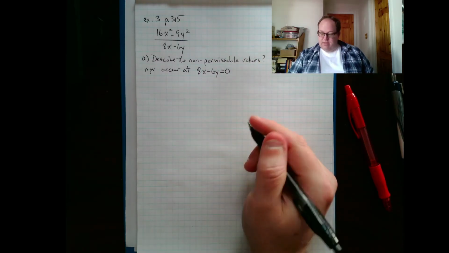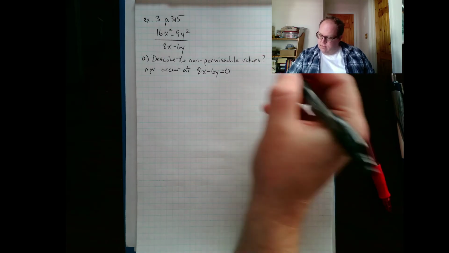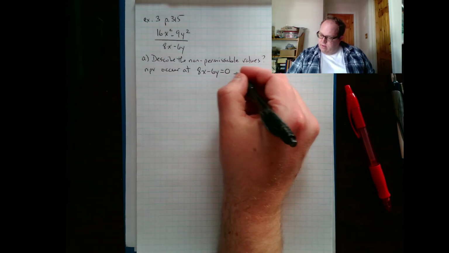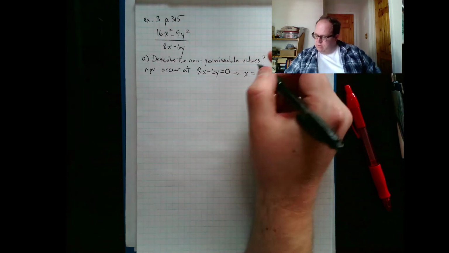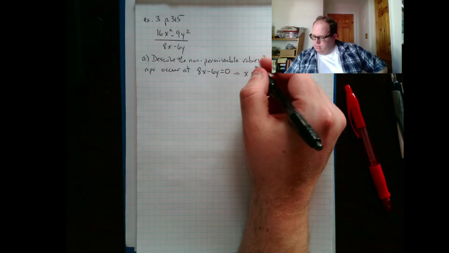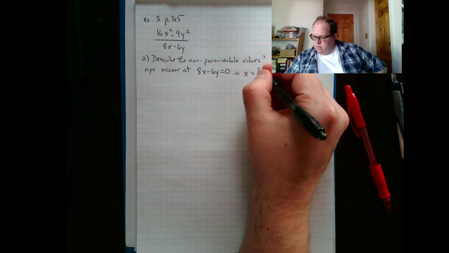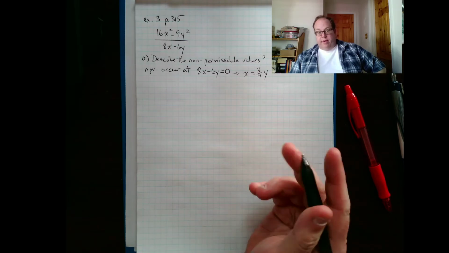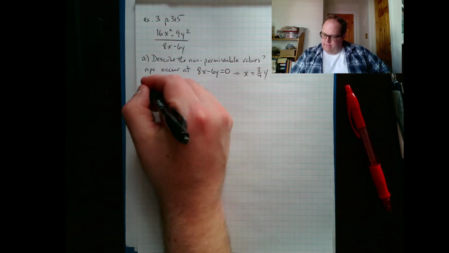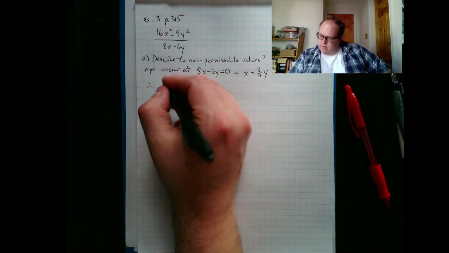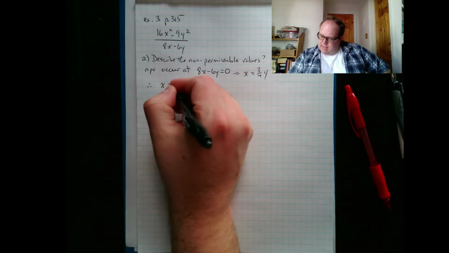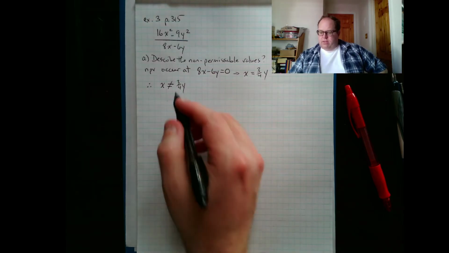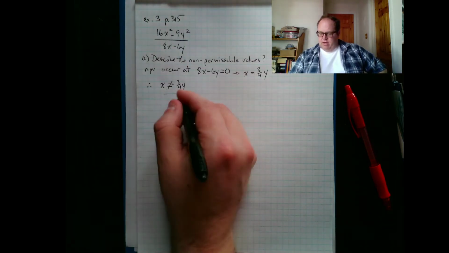If I rearrange that for x, I would get that x equals 3/4 y, or 3y over 4. Therefore, x can't equal 3/4 y, or else I would get division by 0, and that's my non-permissible value.